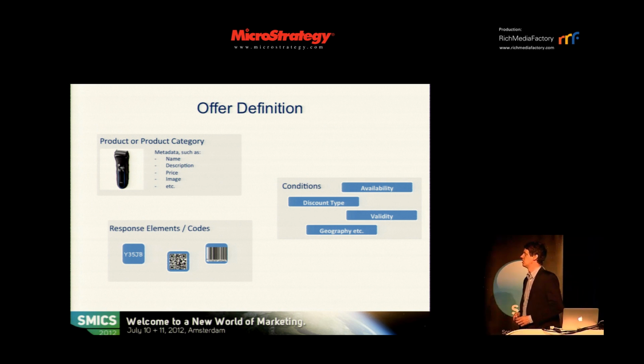The third part of a definition is the response element. What I said before, we want to track our coupons and offers during the whole life cycle, so we need something like a response element. This can be just a plain code which you can pass in a link to your online shop or whatever, and we can generate on the fly all these barcodes, QR codes, EAN 13, 8, code 128, depending on what the customer needs.